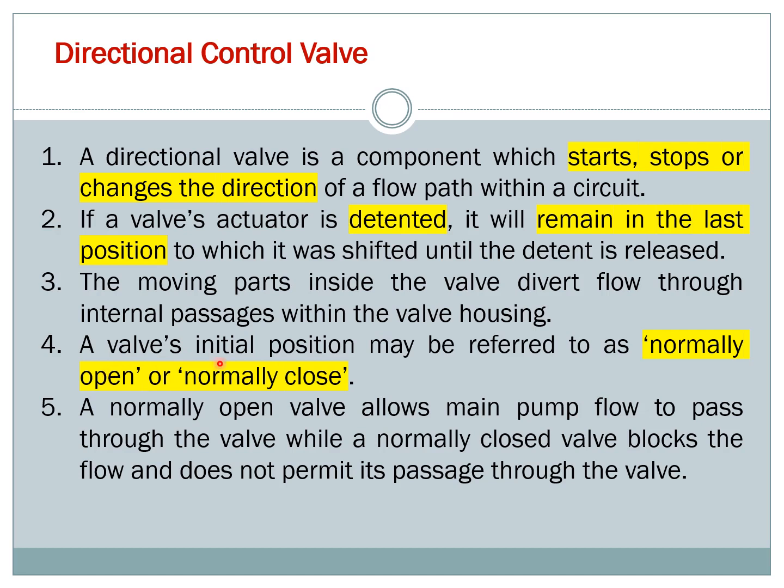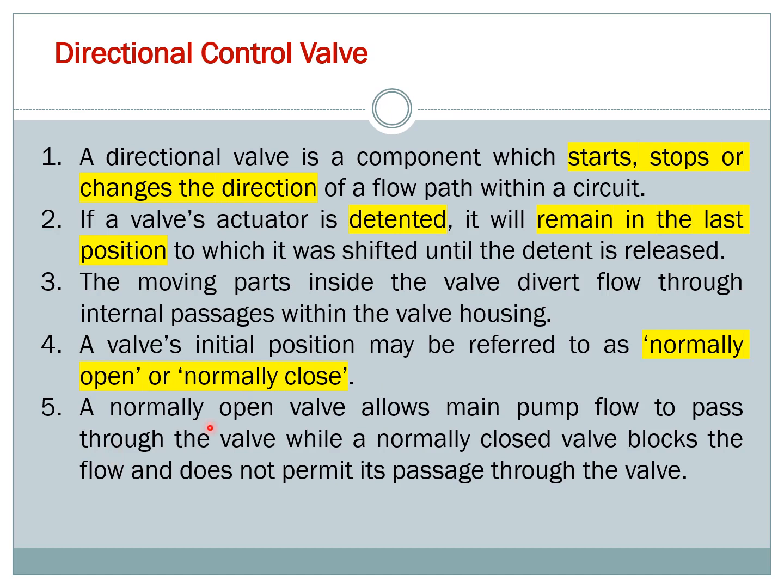The valve's initial position, meaning unactuated position, can be referred to as normally open or normally closed. We will see later what the difference is between normally open and normally closed in an electrical circuit and also in a hydraulic valve.